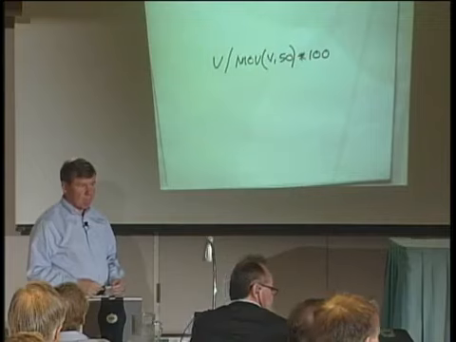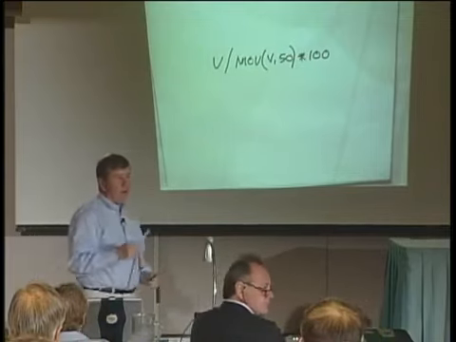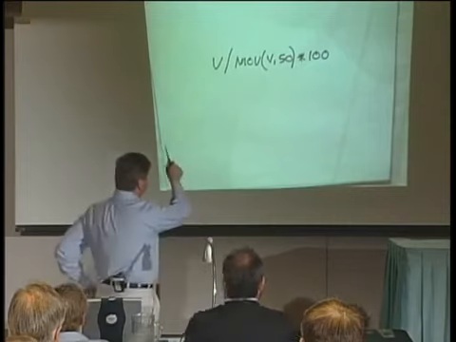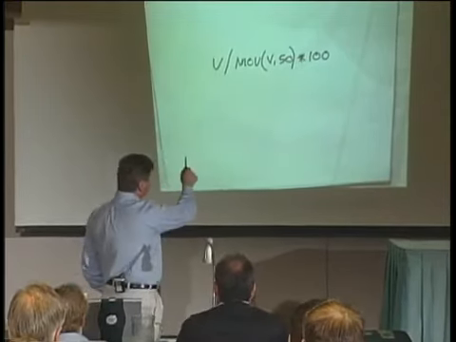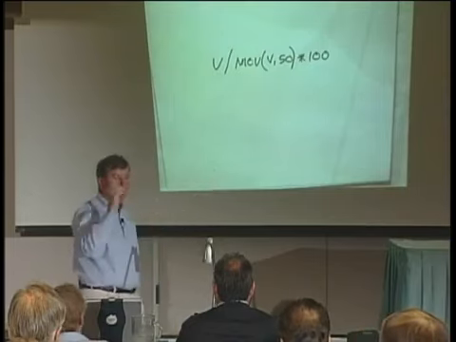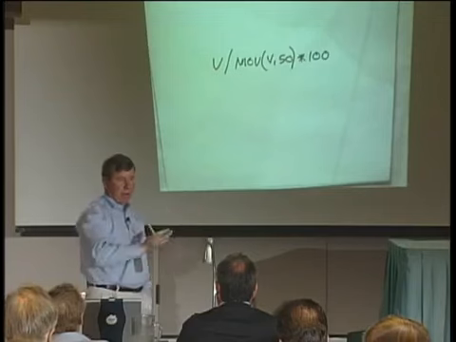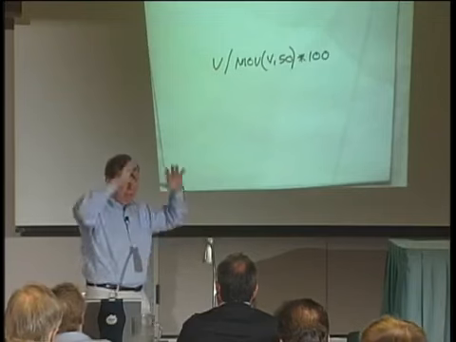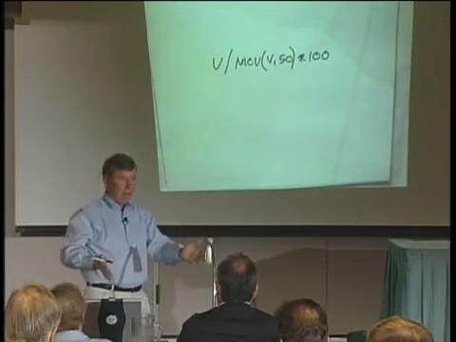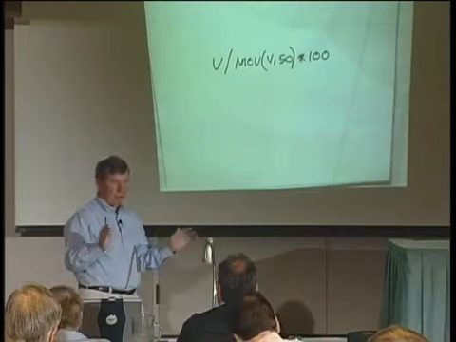Is that 100 in the denominator? No, the normal rules of operation: volume divided by the moving average, then times 100. I'll always do the normal rules of operation. I'll never get fancy. If there's any fanciness, I'll put parens in for you so that you know what the correct order of operations is.